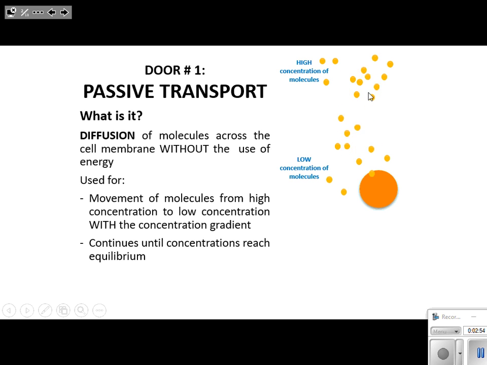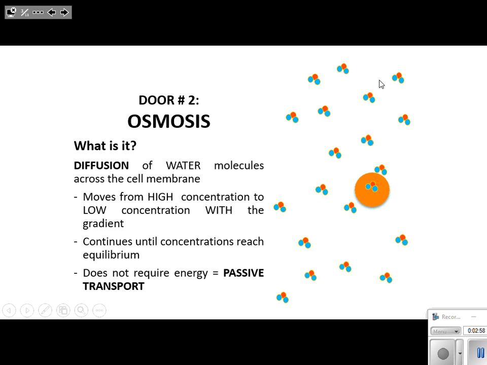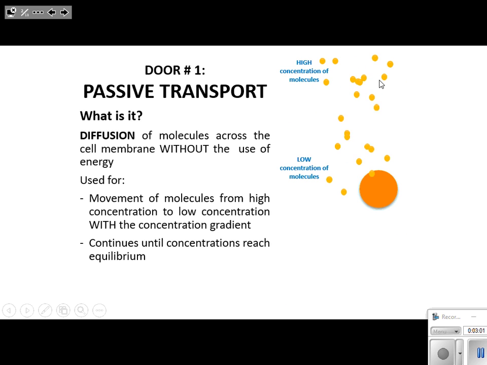So, as you can see here, at the start there are more of these spheres up here, and they are going down here to a lower concentration area. So it's going from high concentration to low concentration.